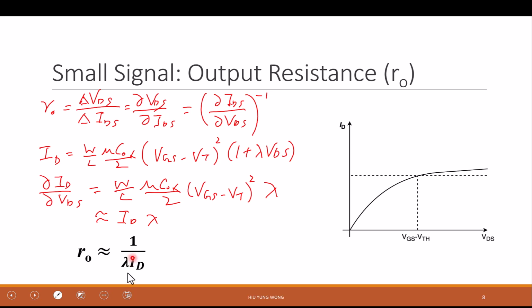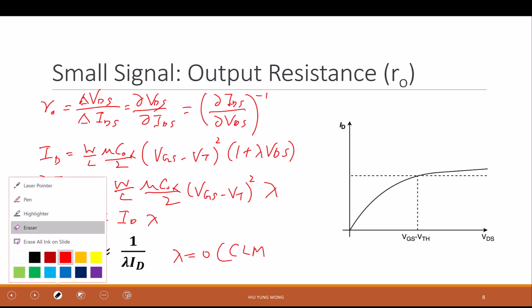And it is very normal. When lambda equals 0, do we have channel length modulation? We don't have channel length modulation, right? When it is equal to 0.